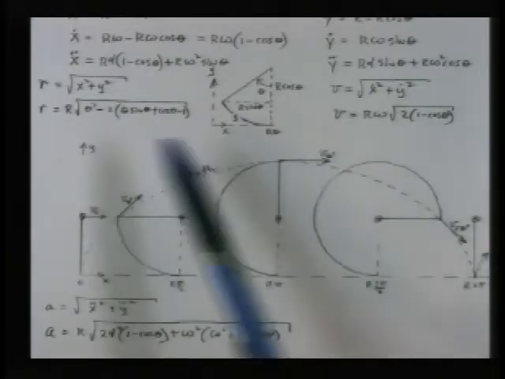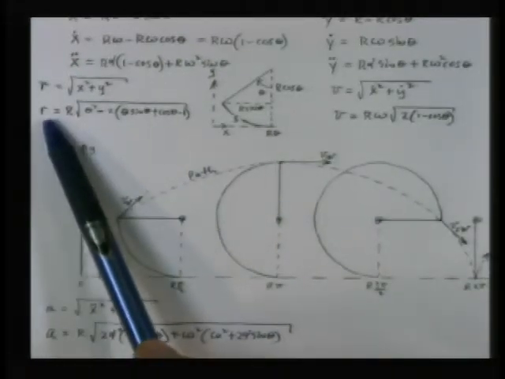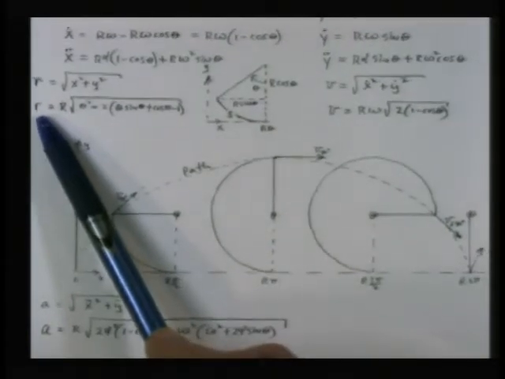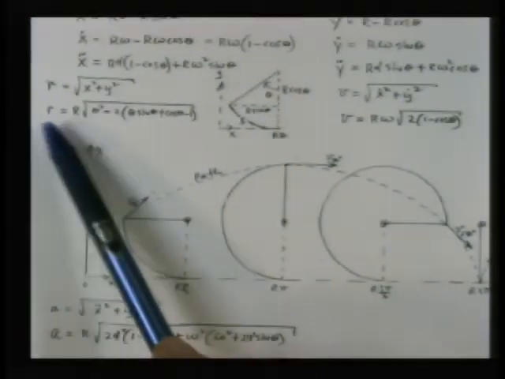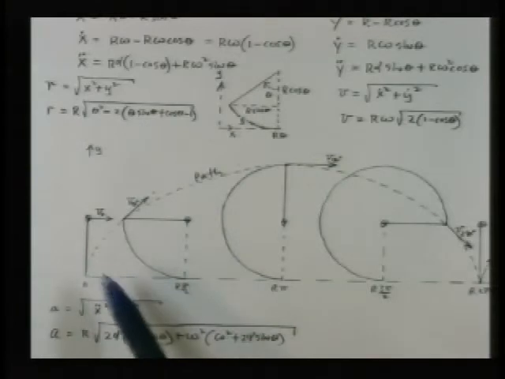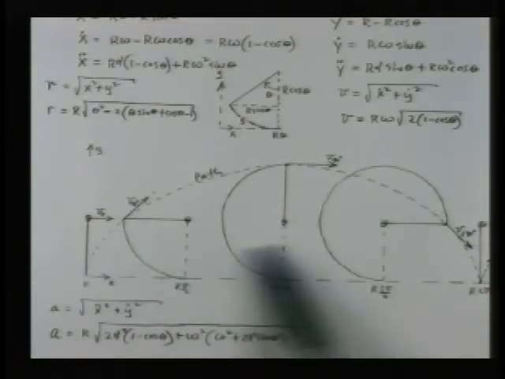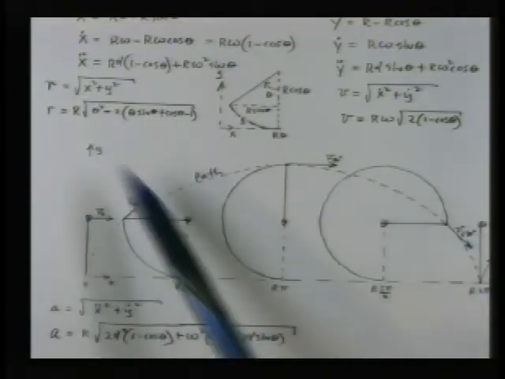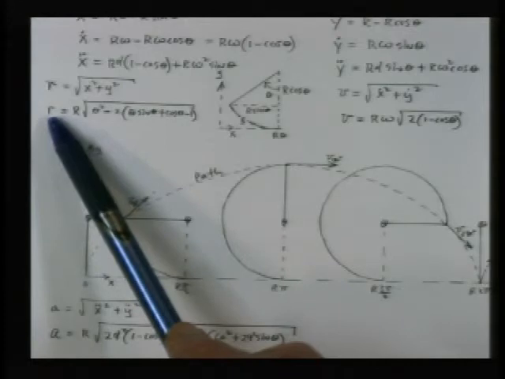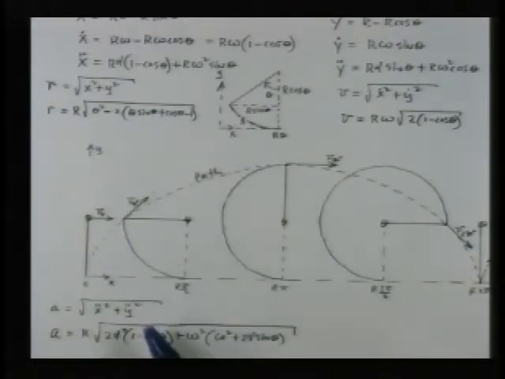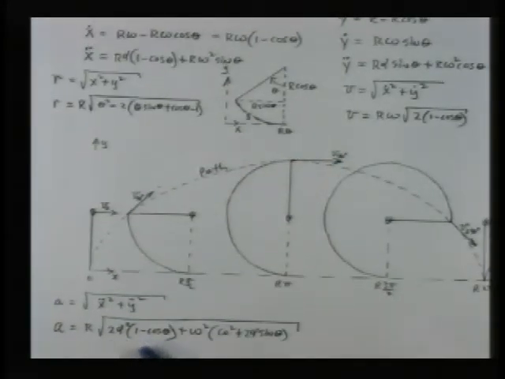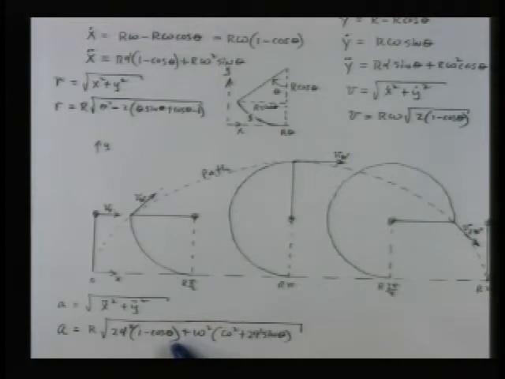And here is distance r, little r, from the pole, the pole being the origin of coordinates over here. So no matter where you are on this path, here's your distance from the origin. And then down below here is the acceleration expressed in terms of generalized alpha, the geometric theta, and omega.